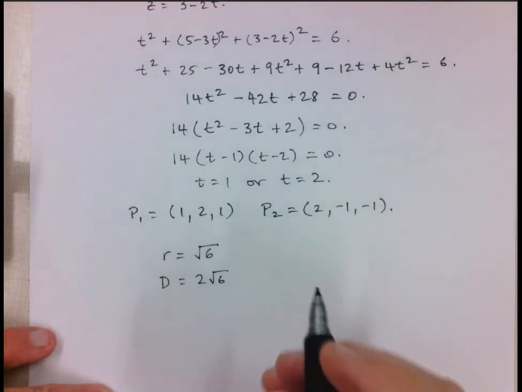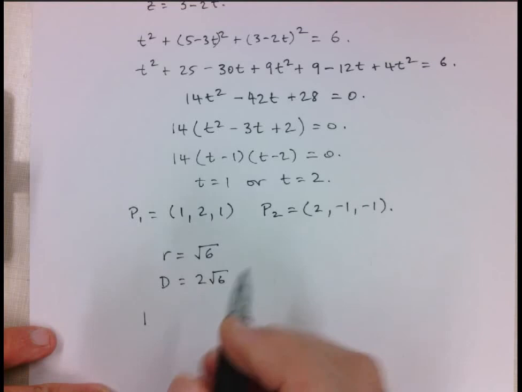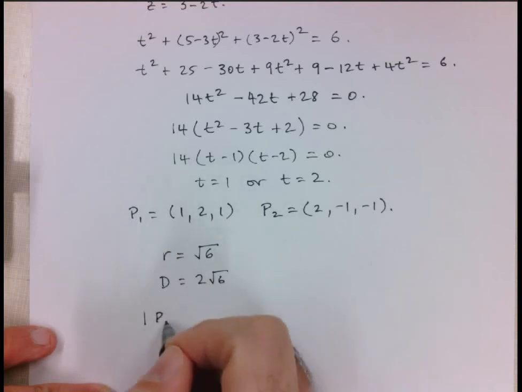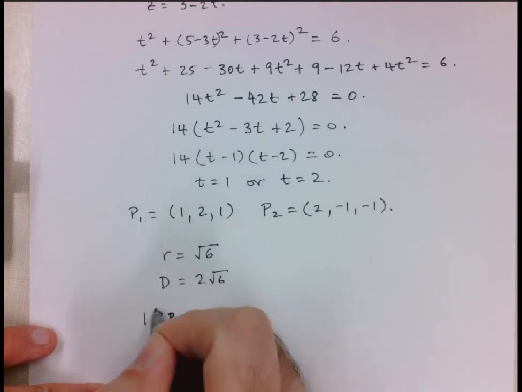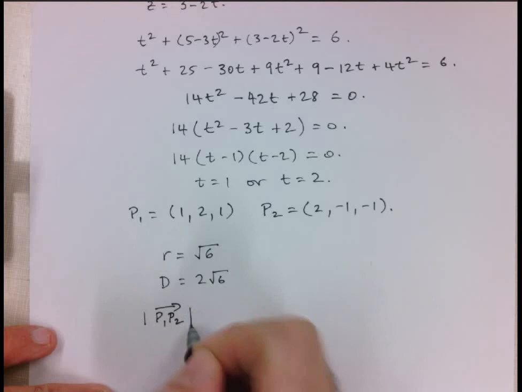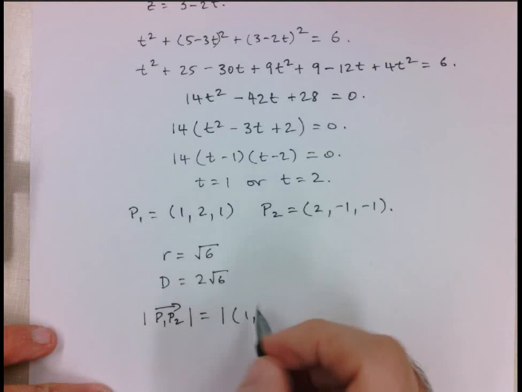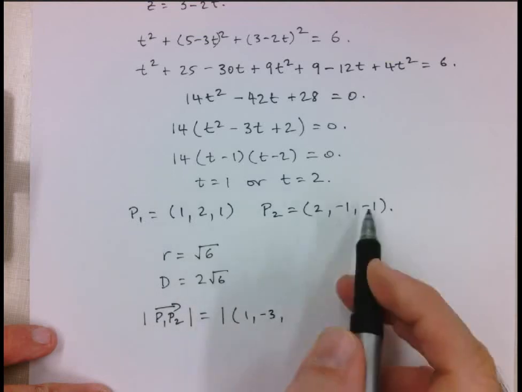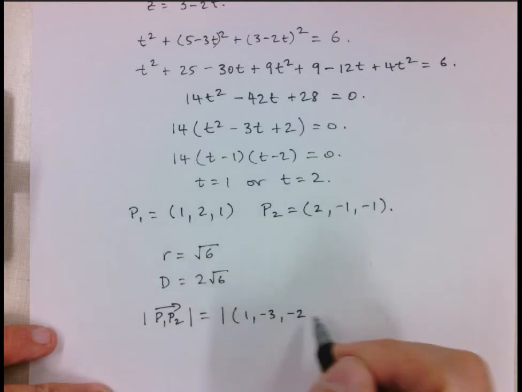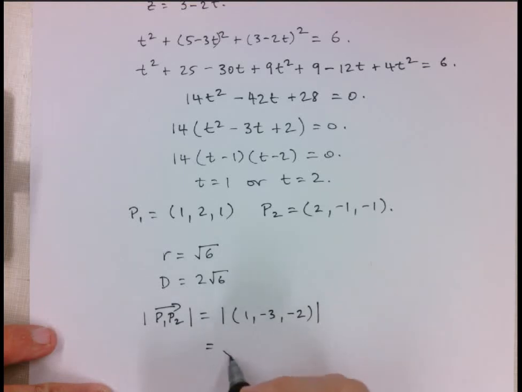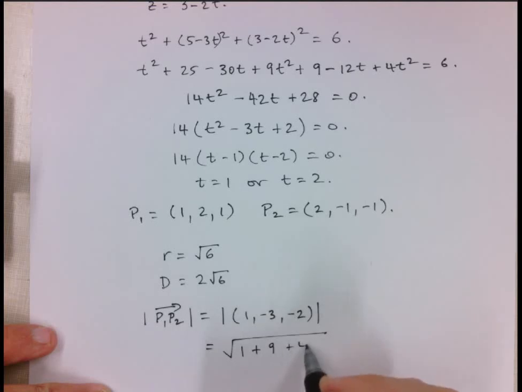So we want to find the magnitude of the vector joining P1 and P2. Let's find that vector: 2 minus 1 is 1, negative 1 minus 2 is negative 3, and negative 1 minus 1 is negative 2. The magnitude of this vector will be 1 squared plus negative 3 squared, 9, plus negative 2 squared, 4.